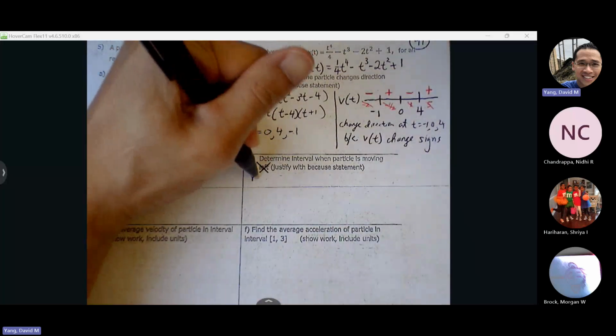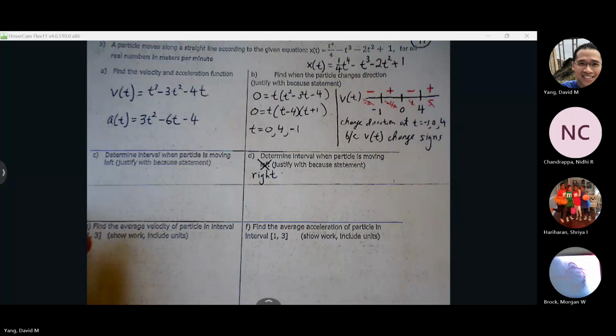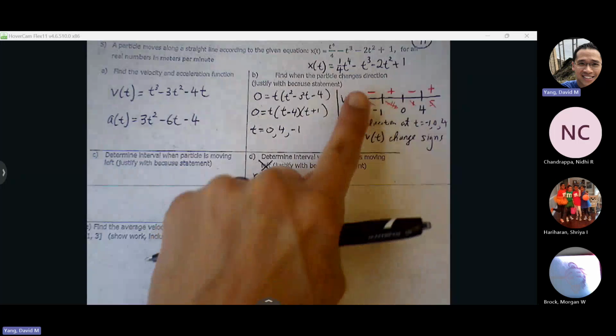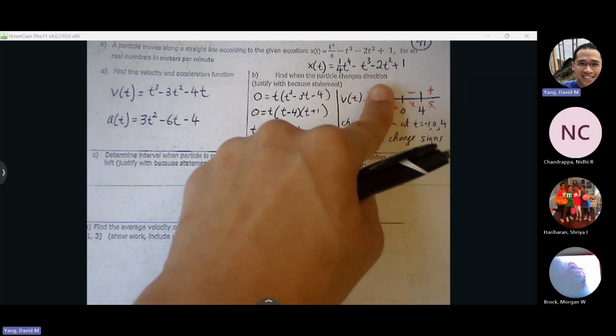Part C is moving left. Part D, I meant to say moving right. Yes, question. If it didn't say for all real numbers, would you just take out the -1? Yeah, take out the -1, and then we would just simply start at 0. Thank you.